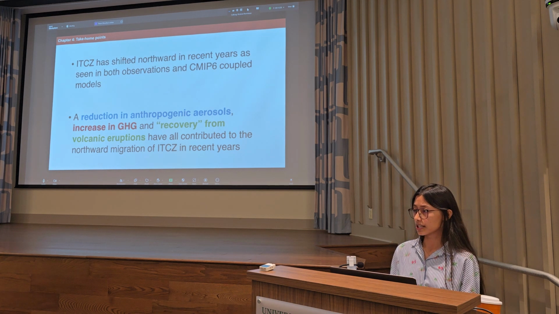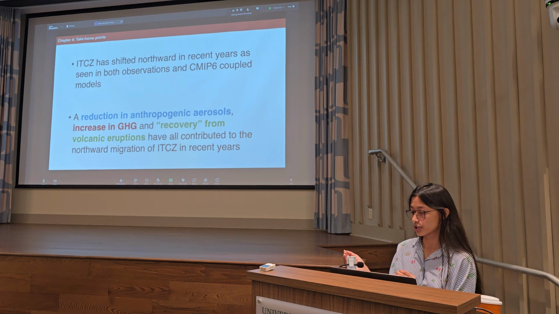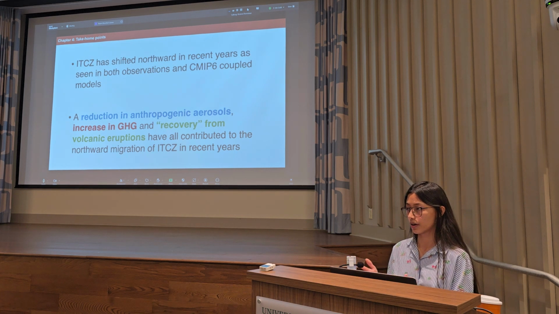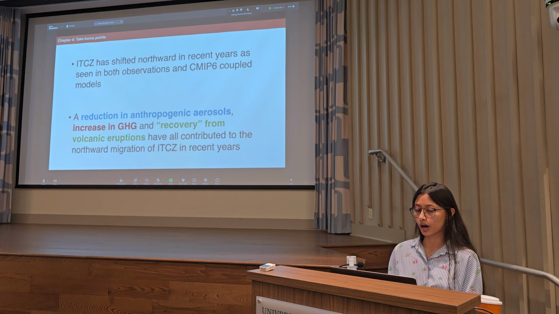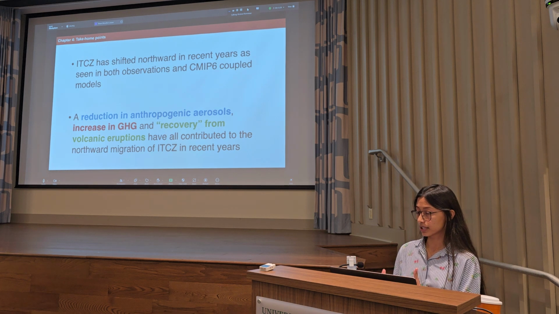And that might be the case because they were looking at a comparatively smaller time period to analyze the ITCZ location shift. Whereas in our study, we look at 44 years' worth of data to study the ITCZ location. And also, this northward shift is simulated in CMIP6 coupled models.